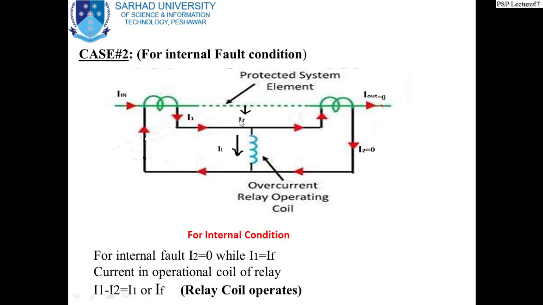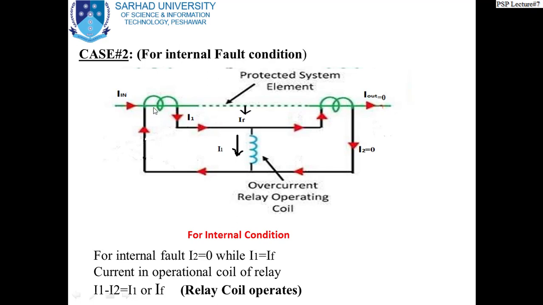Naturally, this line which we are considering is a single in-feed line. There is no backflow of power from the other side. So when we have an internal fault, I in is the input current, and I2, the output current, will naturally be zero because all the input current will go into the fault.